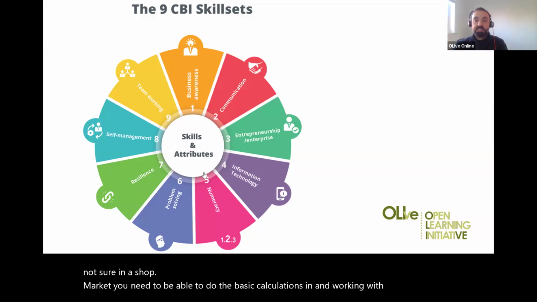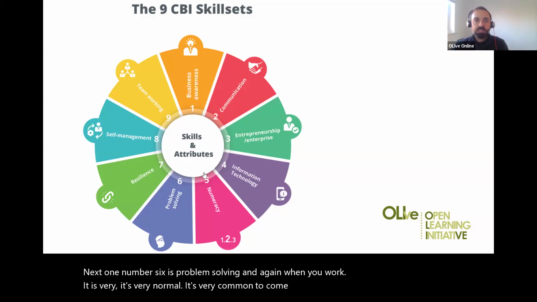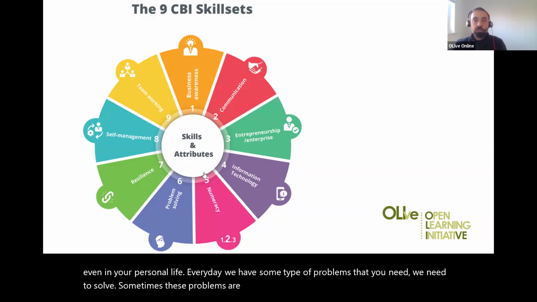Next one, number 6, is problem solving. And again, when you work, it's very normal, it's very common to come across some issues, problems every day, even in your personal life. Every day we have some type of problems that we need to solve. Sometimes these problems are not that difficult to solve.